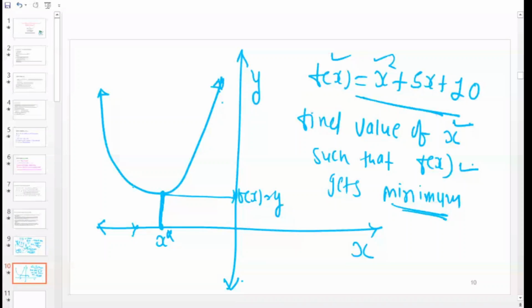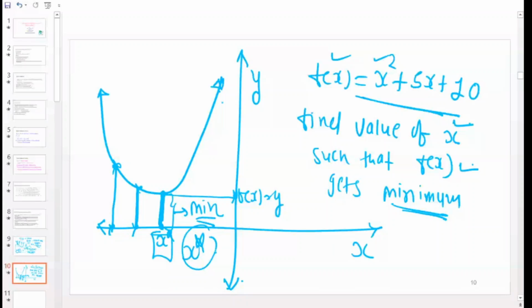For any other x, f of x is obviously higher than this minimum f of x. So this is the minimum value of the objective function. Our aim is to find this x star. This is known as the optimum answer or optimum solution, right?